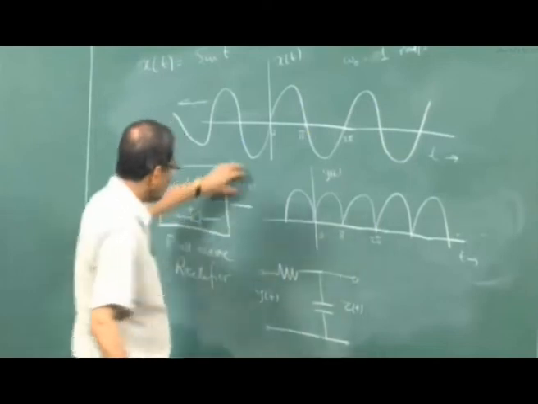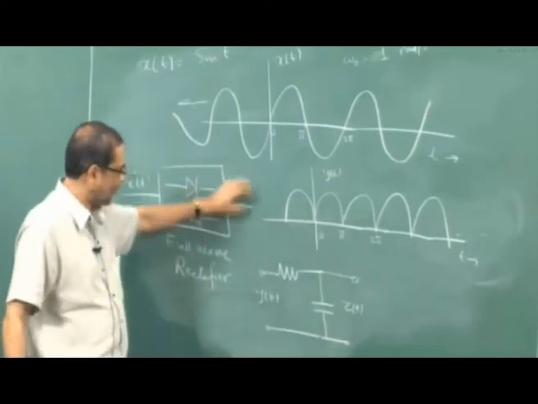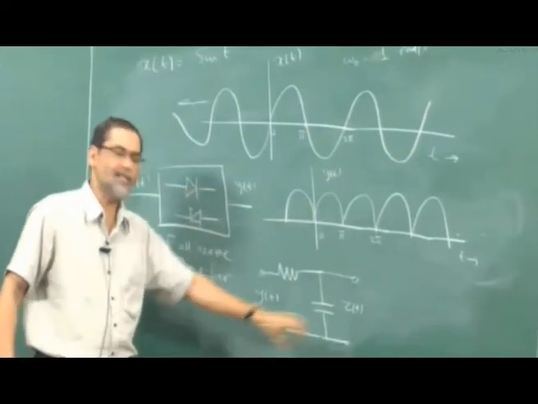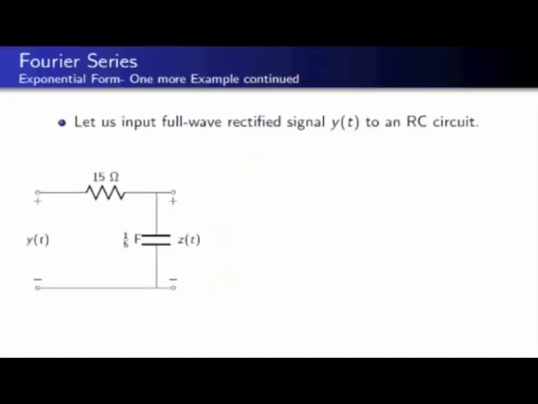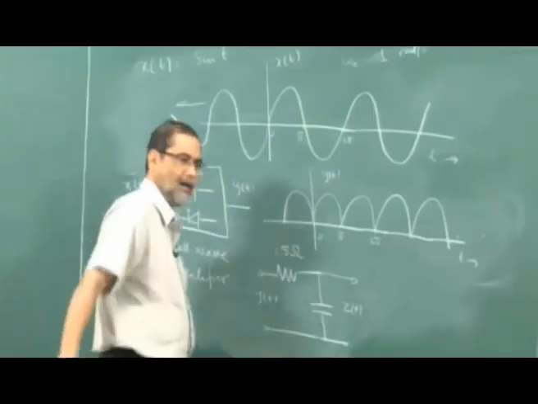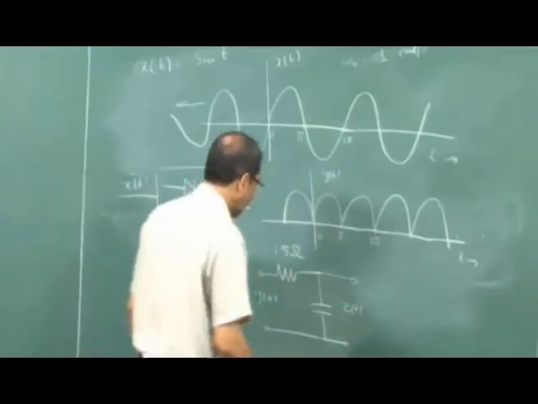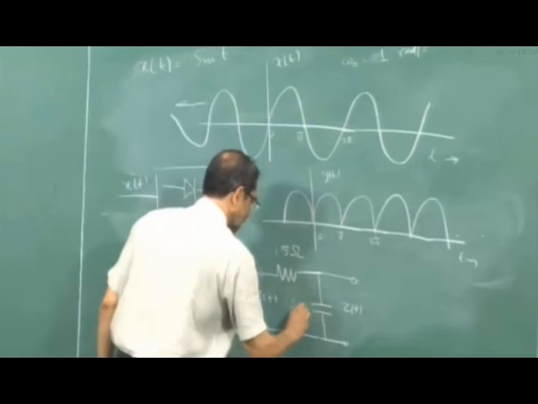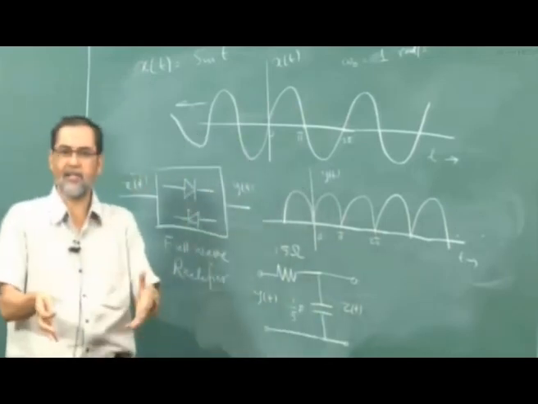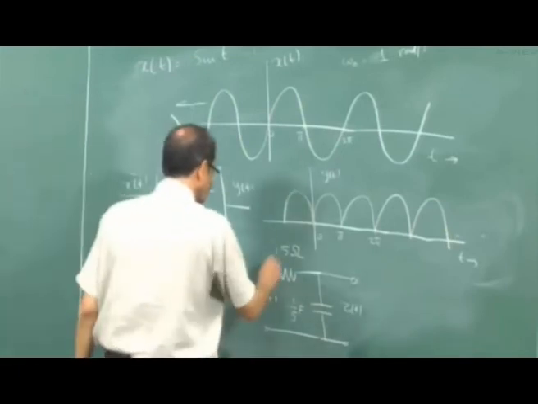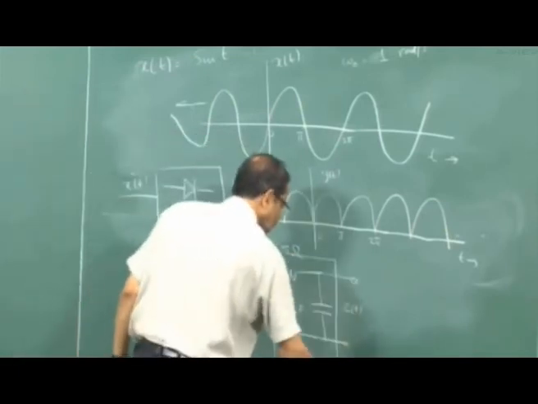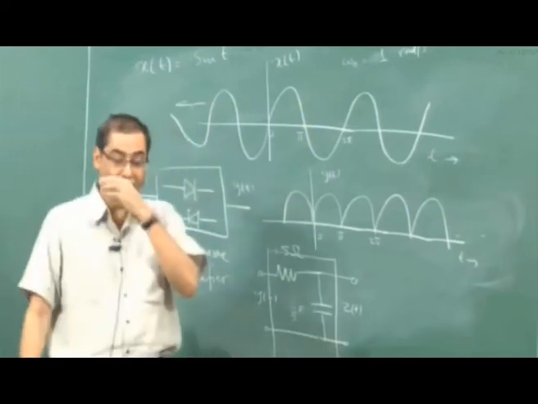So this fully rectified wave y of t is given to an RC circuit. That's what I'm trying to show here next. So my value of R, for some reason I selected 15 ohms. Value of C is 1/5 of a farad, a very big capacitor. I want to find out what will be z of t. First of all, realize that in this circuit, this is an LTI system.